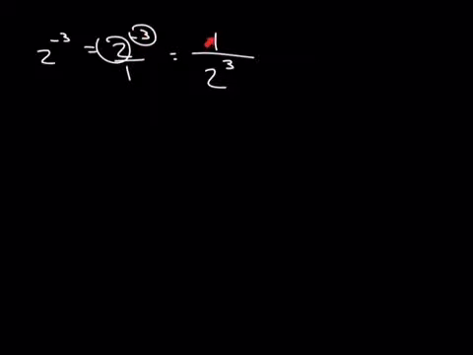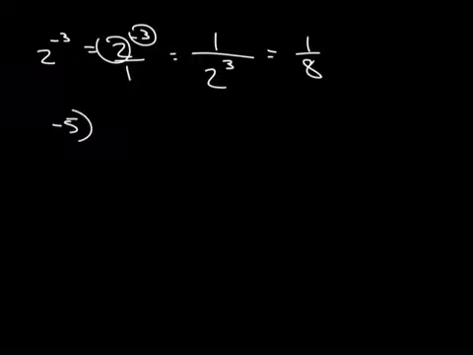There's always a 1 on top. So this one here is not this one. We did not flip it over. Some teachers teach that that's what you do. It is not what you do. You will end up with a mess if you do that. And then that gives us 1 over 8.